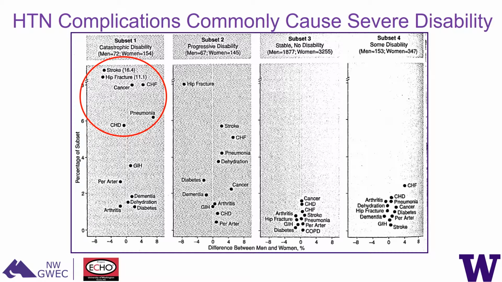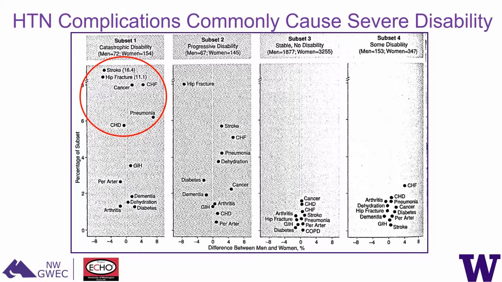So subset number 1 is catastrophic disability. What they defined as catastrophic disability were individuals who had no impairments in ADLs whatsoever, but then within the next year had some sort of impairment in at least 3 ADLs or greater. And so that was catastrophic disability.